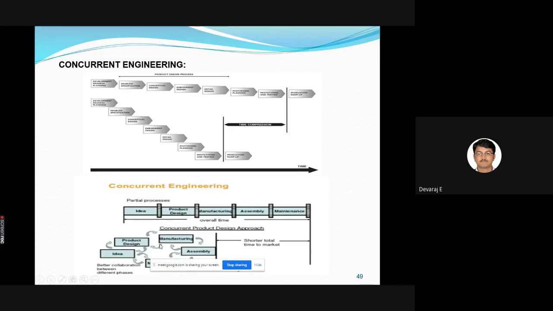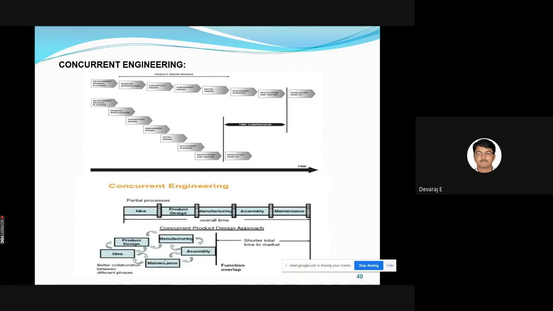But when you see concurrent engineering, the new method, the evolution which has happened in the last 20 years, all the department heads will be sitting in the same room, and they will decide at that particular time.